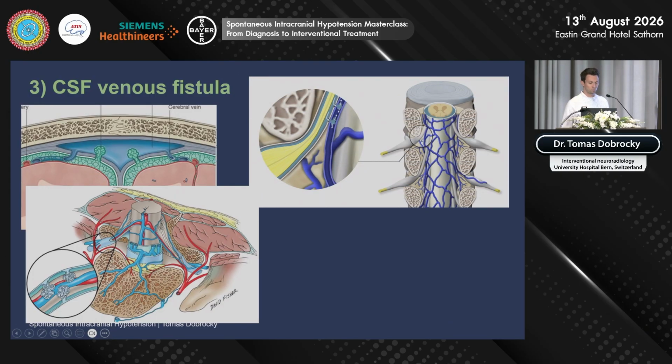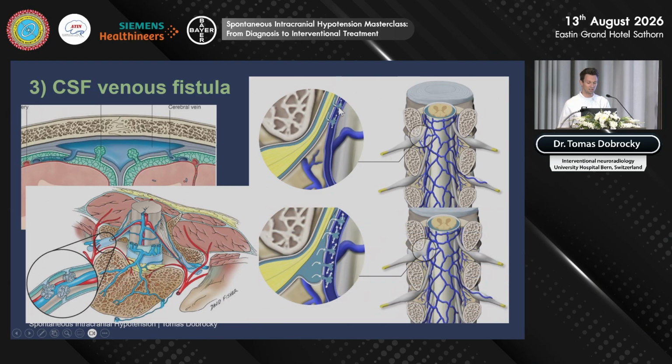Probably what we see, if we consider this being a normal drainage, so the nerve root, and these are the spinal arachnoid granulations, this is the normal setting. In these patients who develop CSF fistulas, those spinal arachnoid granulations rupture or become larger. We don't really understand, but probably this is a dysfunction of the spinal arachnoid granulations.